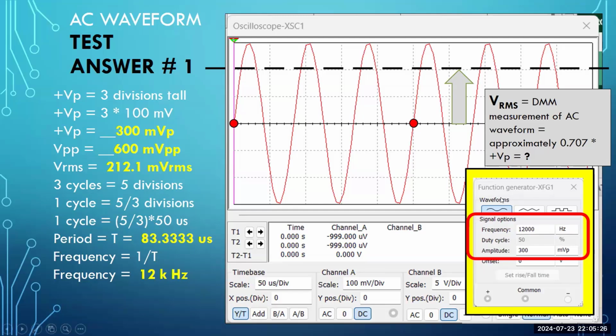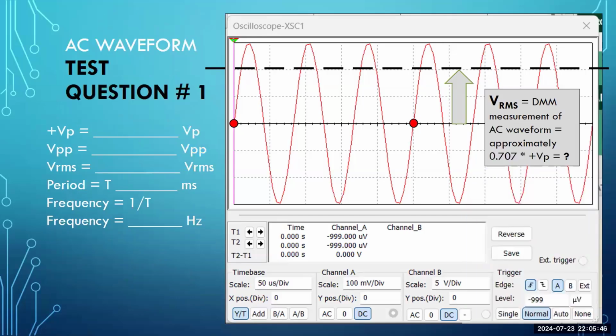And that is given, if you take a look at my function generator, lo and behold, my frequency was set at 12 kilohertz and my amplitude was set at 300 millivolts peak. So in the test questioning, you were not shown the function generator. In the test question, test question number 1, you were just shown the waveform.